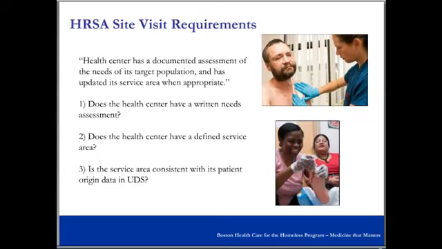So when considering the need for a new needs assessment or before a site visit, you'll just want to check to make sure your patients are really coming from the area that you indicated they would be coming from. If you find a disconnect and it's inconsistent with the patients you're currently serving, you may want to ask key staff, are we doing all the outreach in the areas we need to connect with our target population?